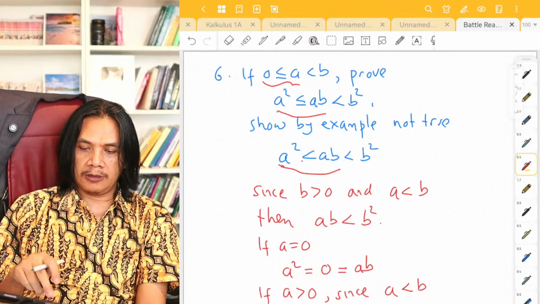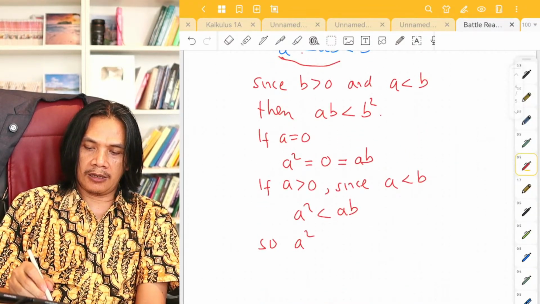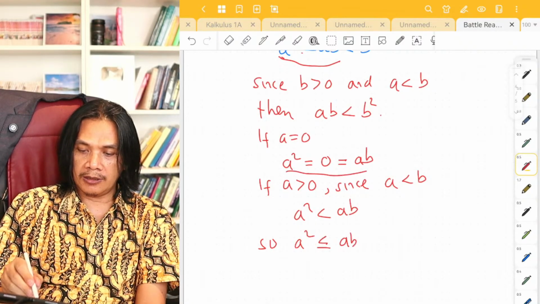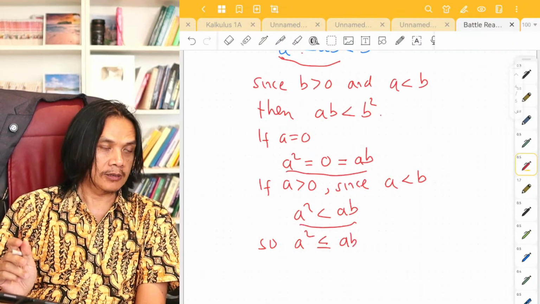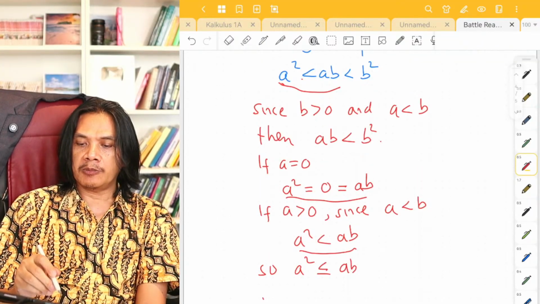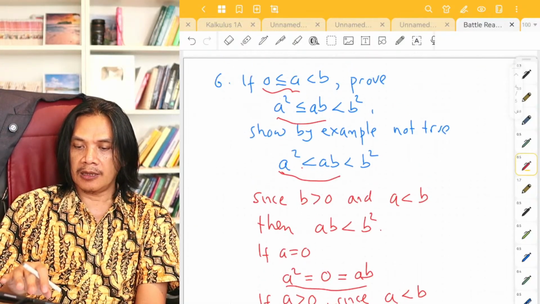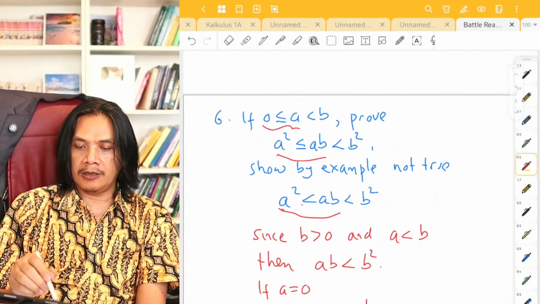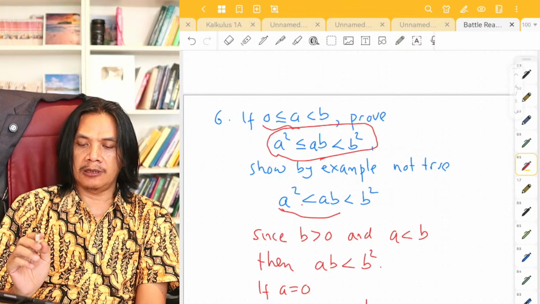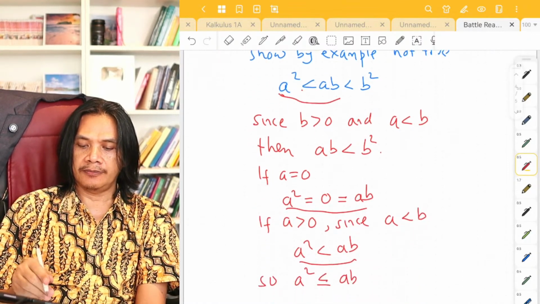So in all cases A squared is less than or equal to AB. Then you need to conclude again, because we need to make it a habit to state the final thing that we are being asked to show.